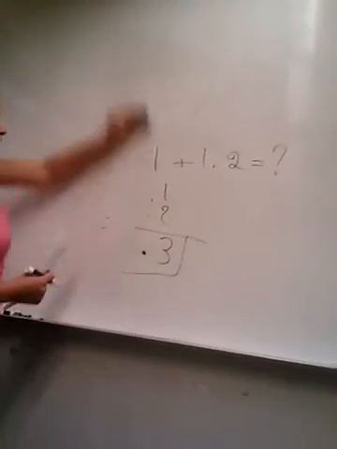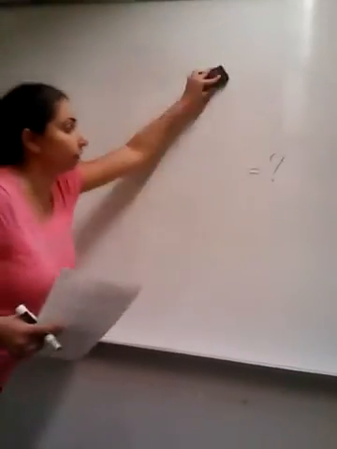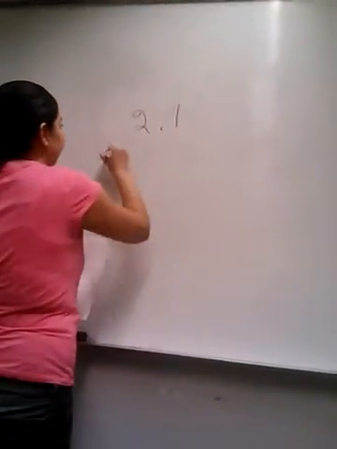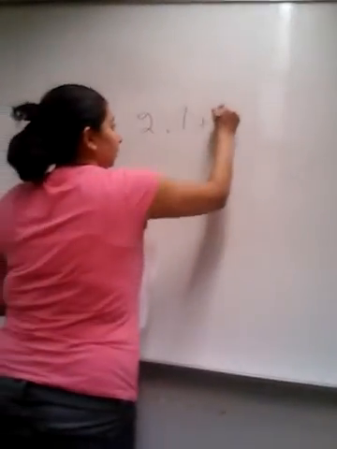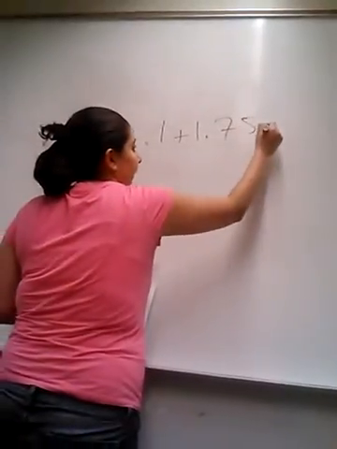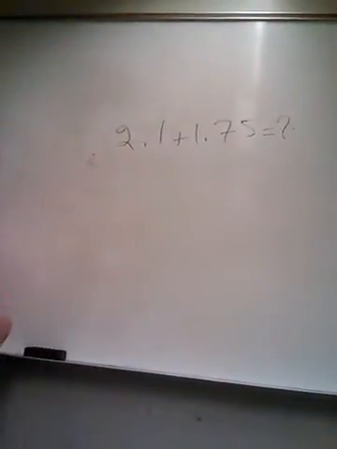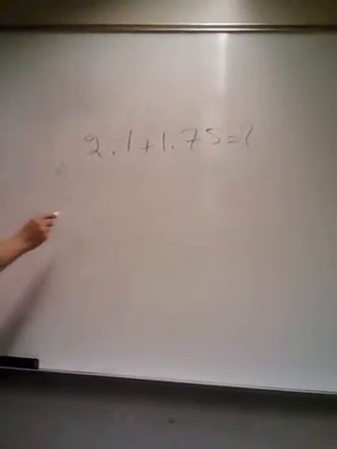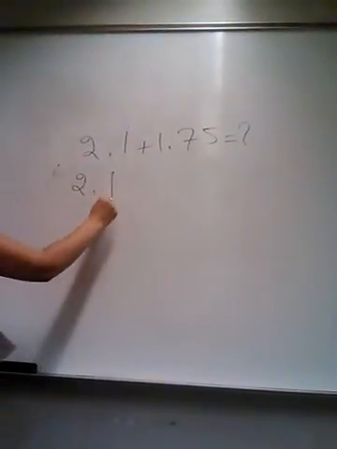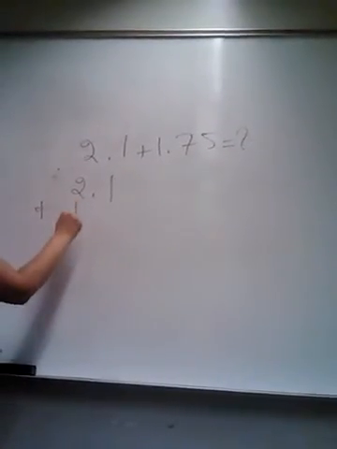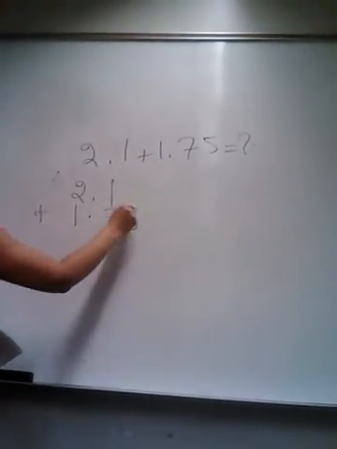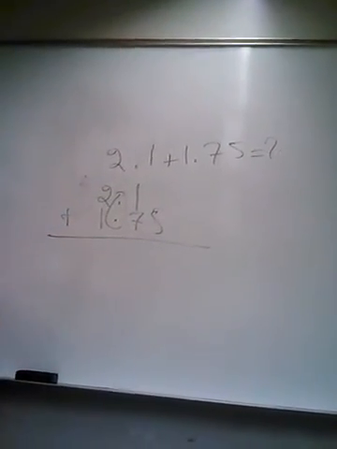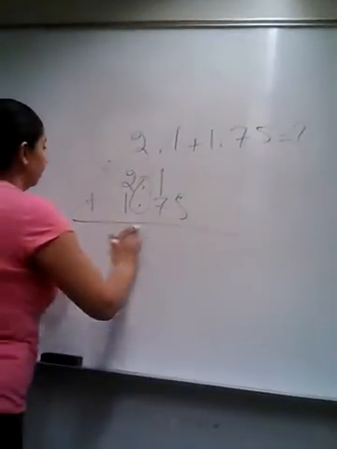So now we're going to do the last practice: 2.1 plus 1.75. So how can we write it? The dots are under each other, so we're going to add them.